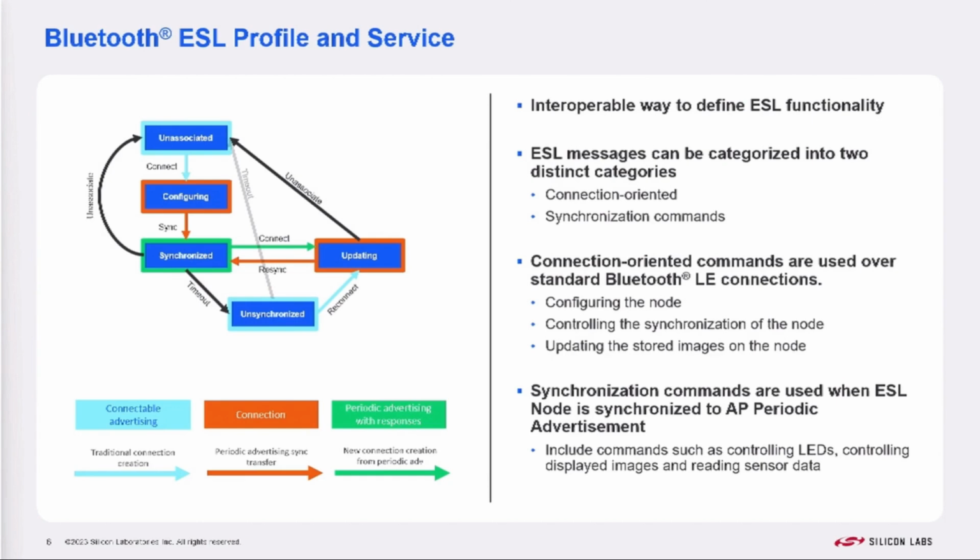You configure the devices over a normal connection, and when you do image updates with more data upload, or OTA firmware updates, you take the device into the updates state, which is just a normal connection. The second part, which is the key and core, is the synchronized state.